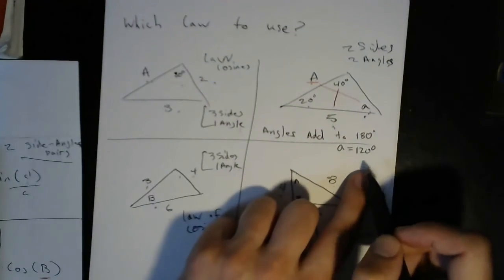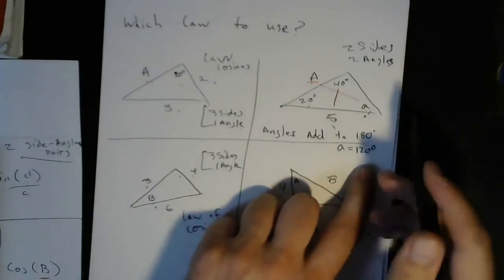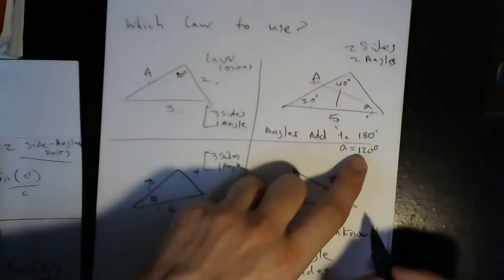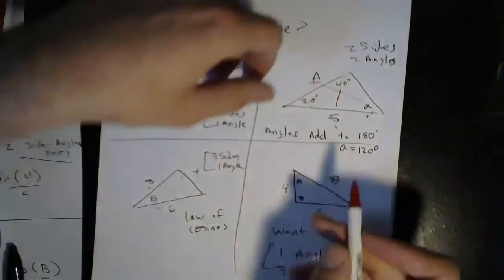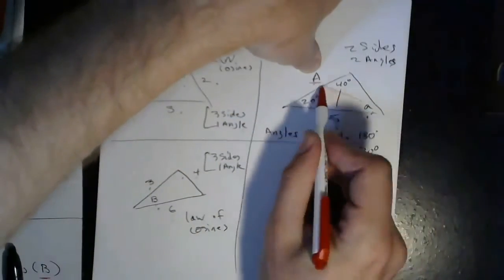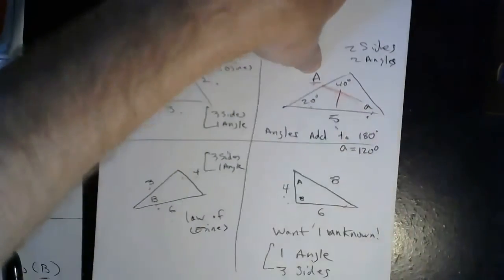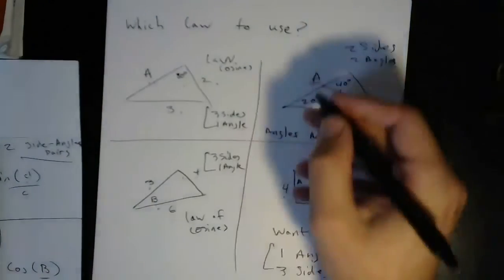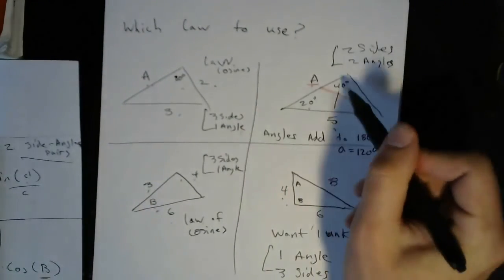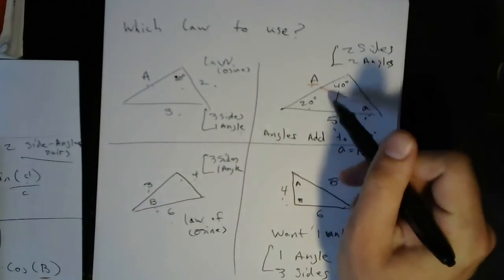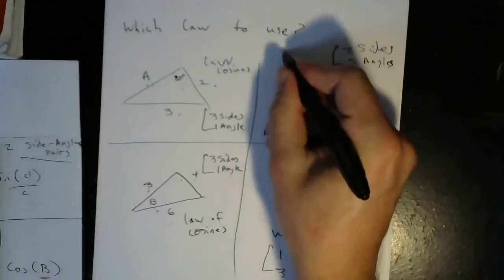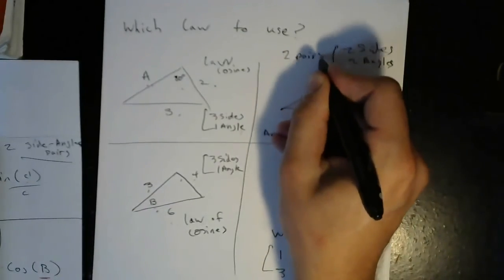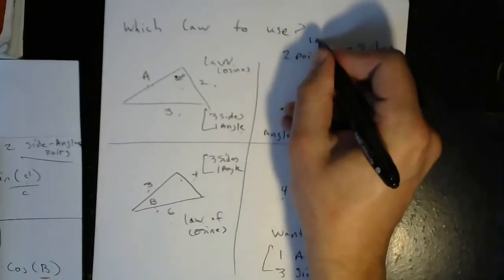But A is 120 degrees based on those. Now A is a known angle, and that angle is paired with the side we want. So we have 2 side-angle pairs. That is law of sines.